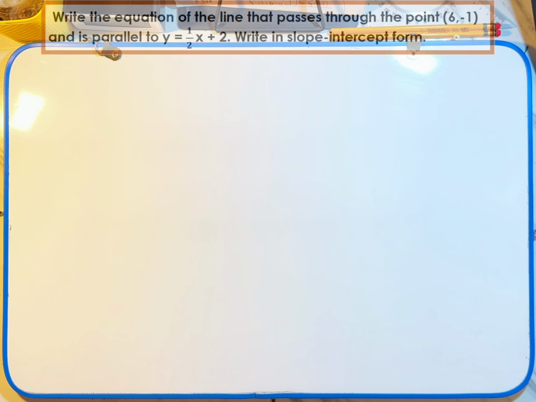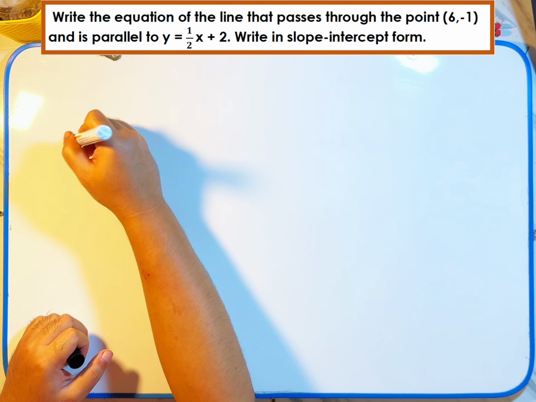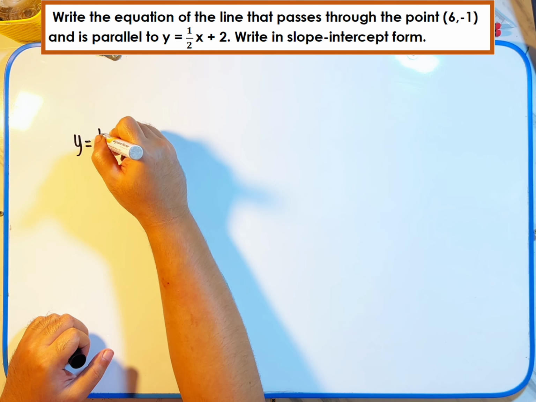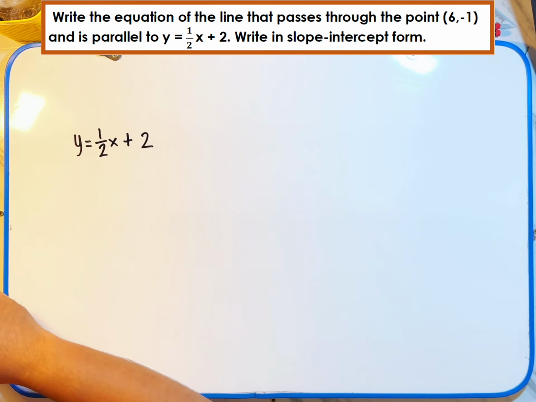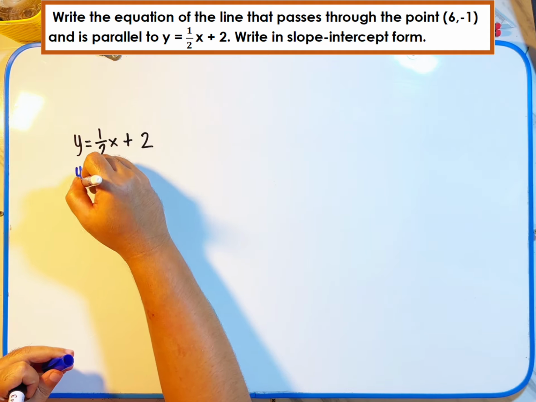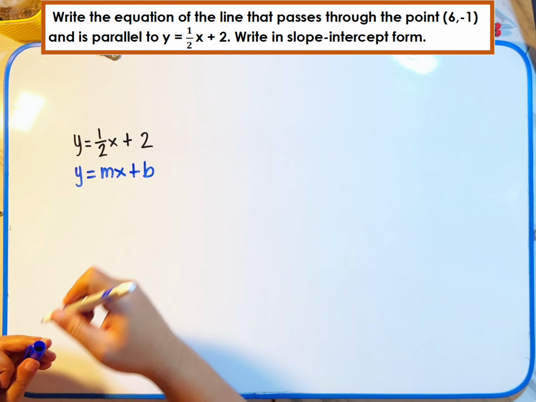Problem number 1. What is the equation of the line that passes through the point (6, -1) and is parallel to the line y equals 1/2 x plus 2? Let's copy the line that is parallel to our required line. We have y equals 1/2 x plus 2, and it's very clear that this is in the slope-intercept form, y equals mx plus b.